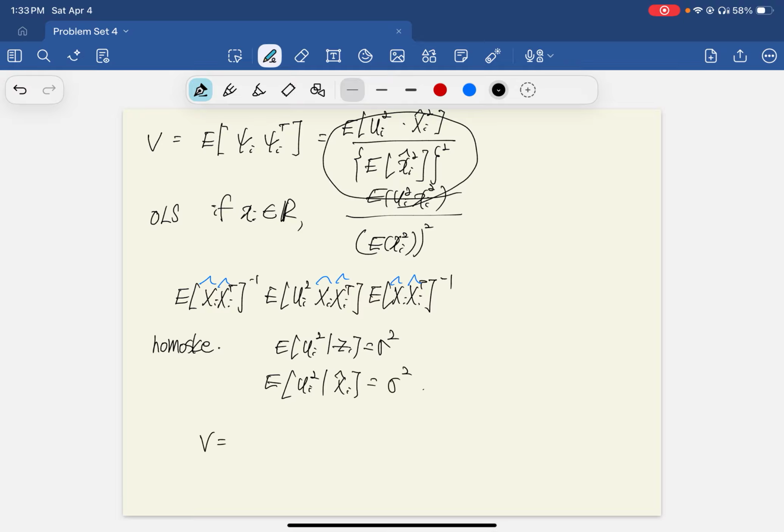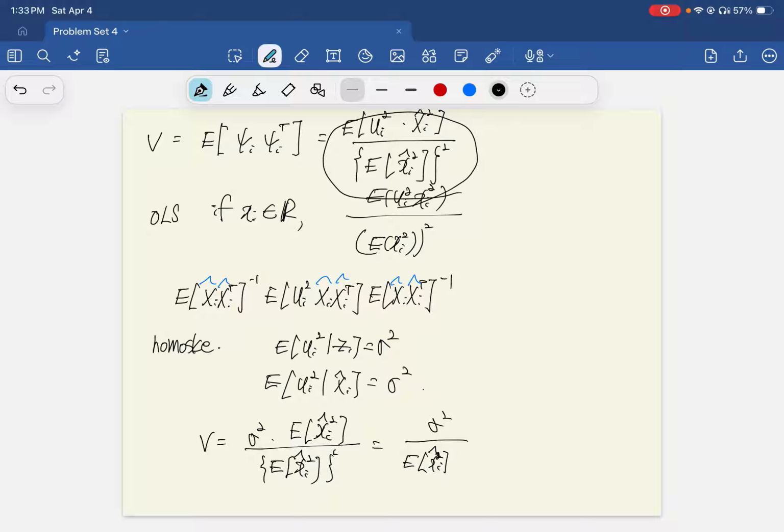So the v will become sigma squared times expectation of xi hat squared, and in the denominator there are two of them, so one is cancelled out and it will become like this.